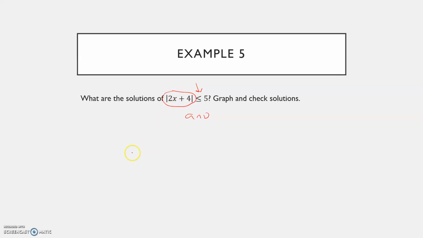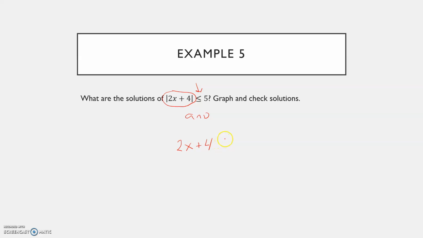Except for the absolute value, it's already by itself. And so once it's by itself, we're going to split it into two. Again, you can split it into two separate ones if you want, but because it's an "and," what we know is our absolute value here is going to be in the middle of this compound inequality.